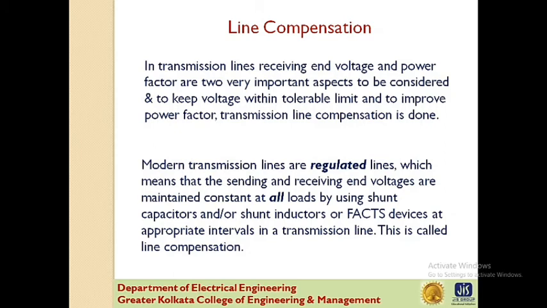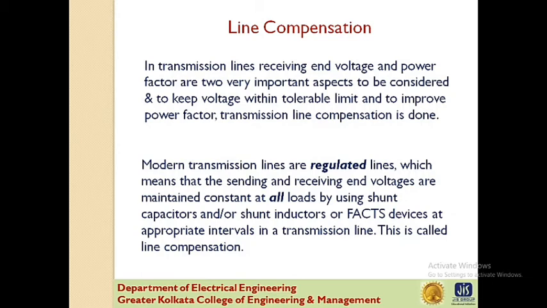Next is line compensation. You have an idea about the Ferranti effect. Now line compensation is done mainly because of the Ferranti effect. In transmission lines, receiving end voltage and power factor are two very important aspects to be considered, and to keep voltage within tolerable limits and to improve power factor, transmission line compensation is done.